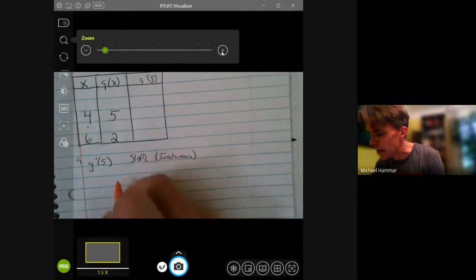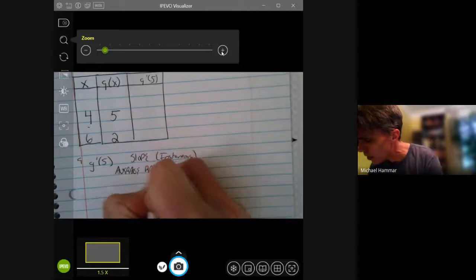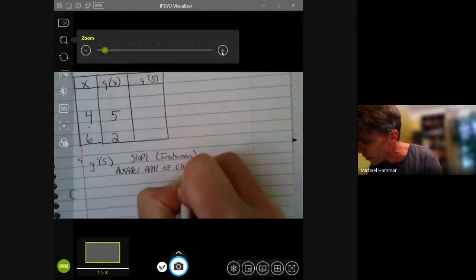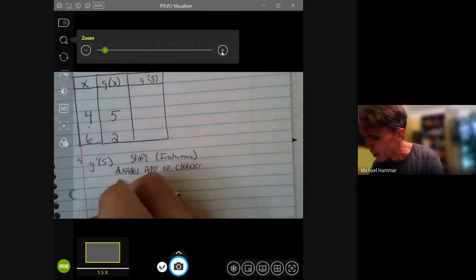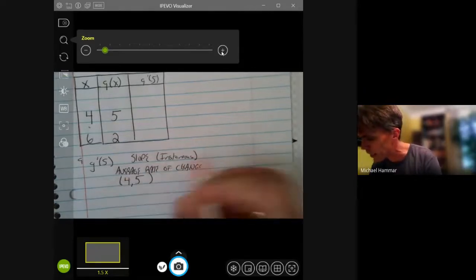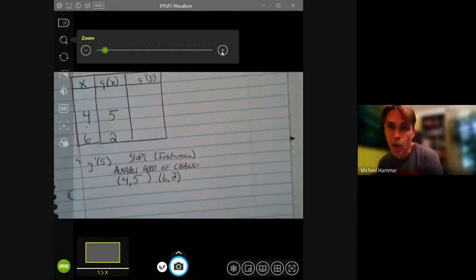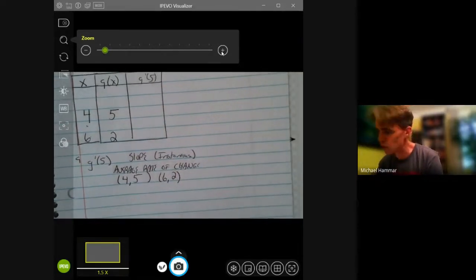So what that means is we have to estimate. That's where you have to use average rate of change. Remember, to do average rate of change, you just need 2 points. We have the first point, (4, 5), and we have the second point, (6, 2). So do y2 minus y1 over x2 minus x1.